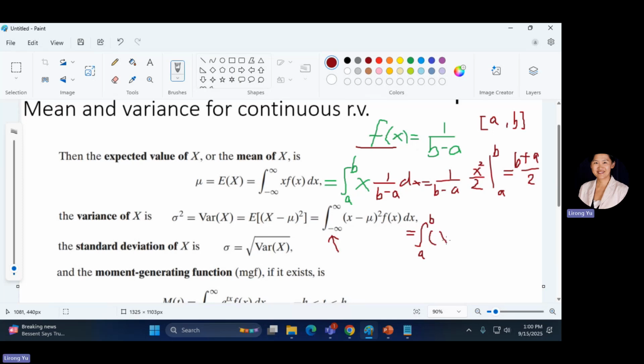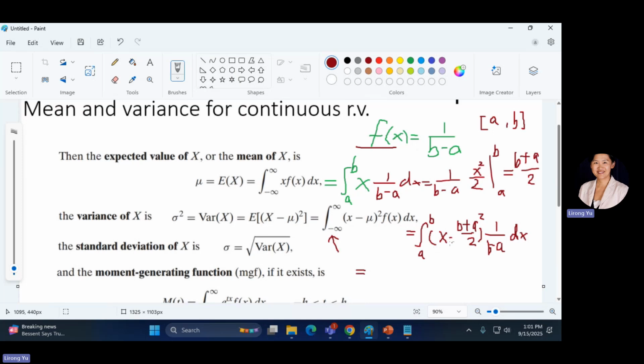And then you're going to have x minus the mean. The mean is b plus a over 2, or a plus b over 2. And then square. And then you have to multiply by the density, which again is 1 over b minus a, and then dx.